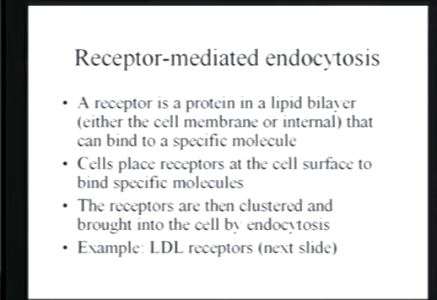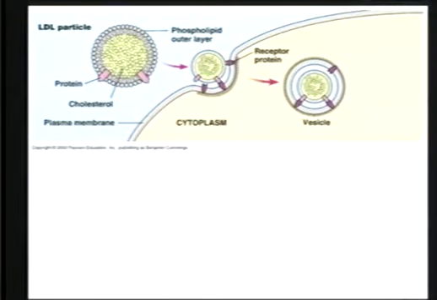Okay, so for an example, our LDL receptors work this way. LDL, low-density lipoprotein, this is the so-called bad cholesterol. Well, they're all bad, but this is worse than others. This is the stuff that gives you plaques in your arteries, clogs them. There's our LDL particle.